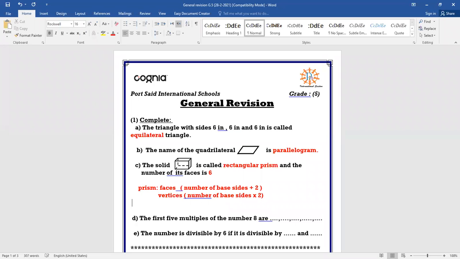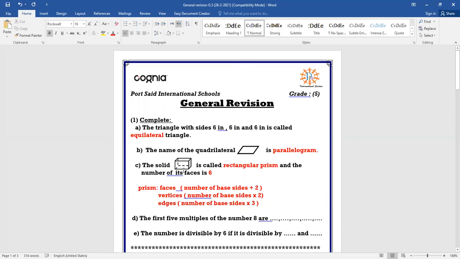And to find the number of edges, number of base sides multiply by 3. This is about the prism.